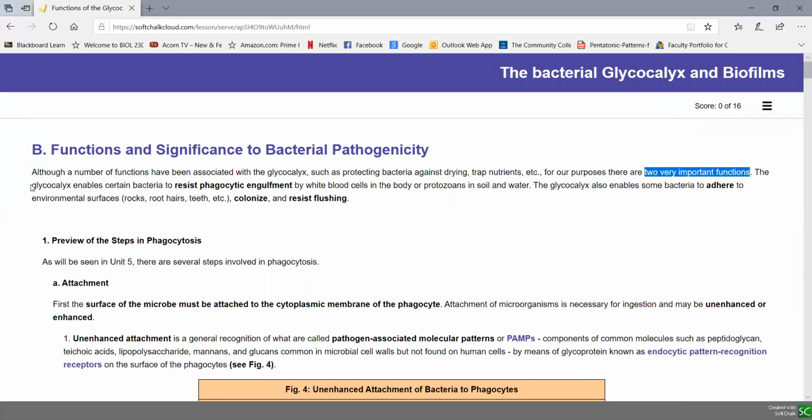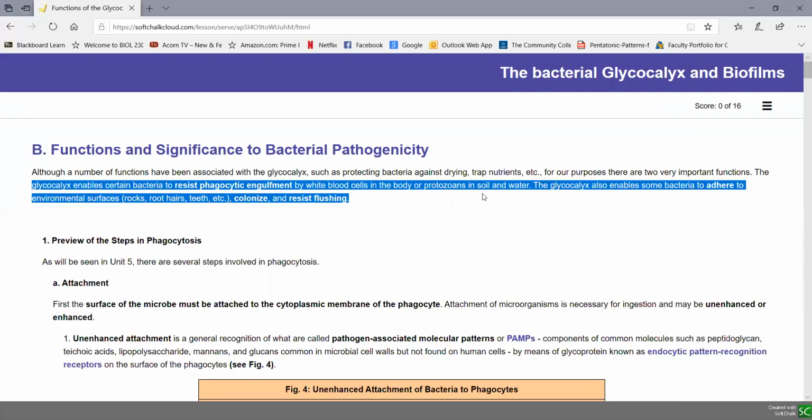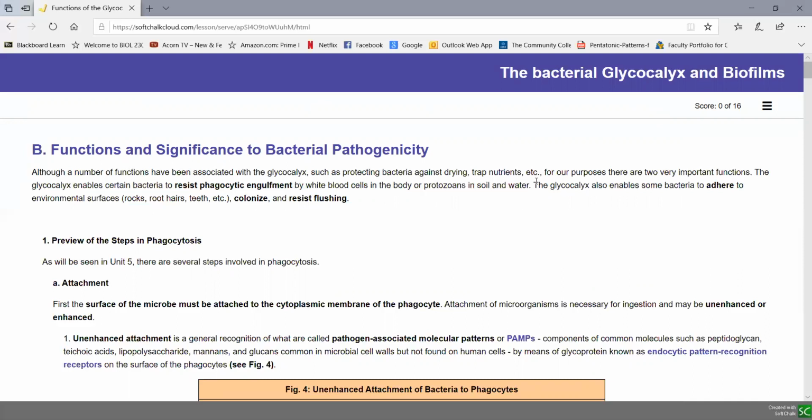First of all, the glycocalyx enables certain bacteria to resist phagocytic engulfment by white blood cells in the body, or by protozoa in soil and water. In a second function, the glycocalyx enables some bacteria to adhere to environmental surfaces, such as rocks or our teeth or body cells, in order to colonize and to resist flushing.